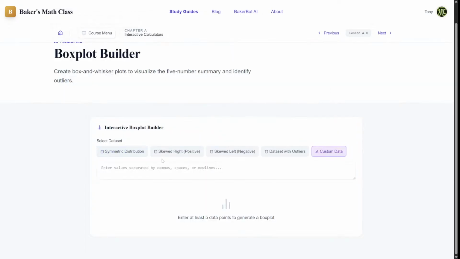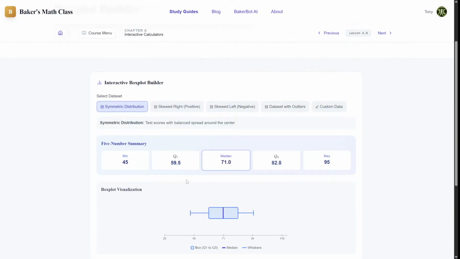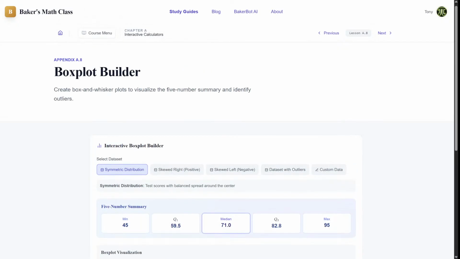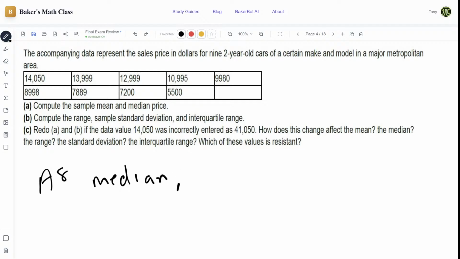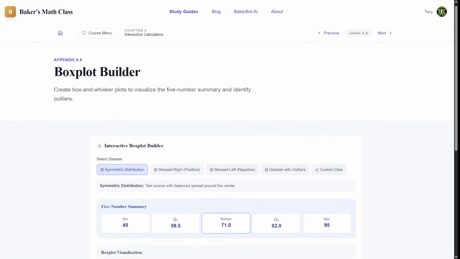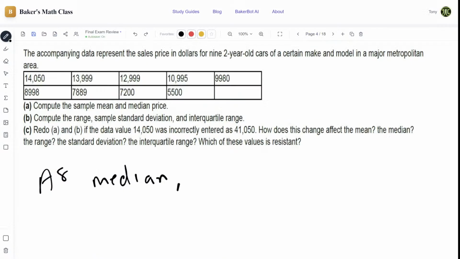This calculator here, A8, will give you your median, your range, well, you can easily figure out your range from it, and your IQR. So that'll give you those.